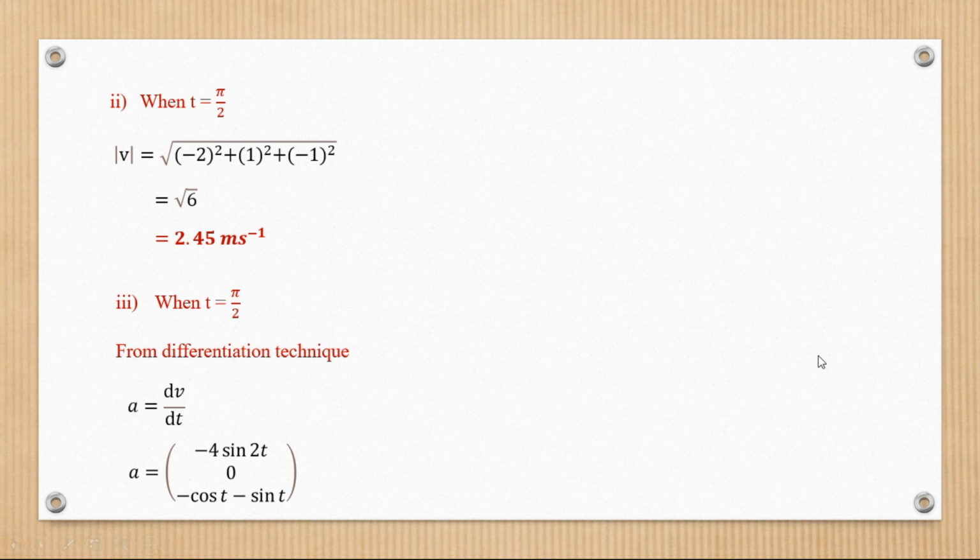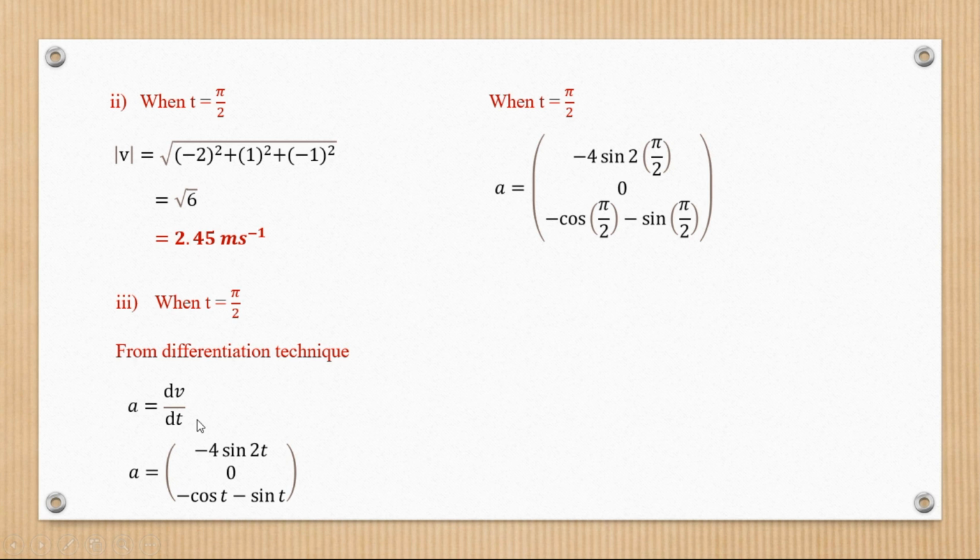Alright, so next, when time t is equal to pi over 2, this is what I'm going to have. When I substitute the value pi over 2 where we have t, this 2 and this 2 will cancel, and at the top I'll be remaining with negative 4 sine pi. And as you can see right here, sine pi, which is the same as sine 180, is actually 0. So I'll have a 0 at the top.